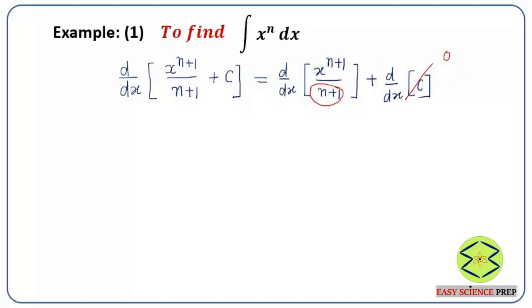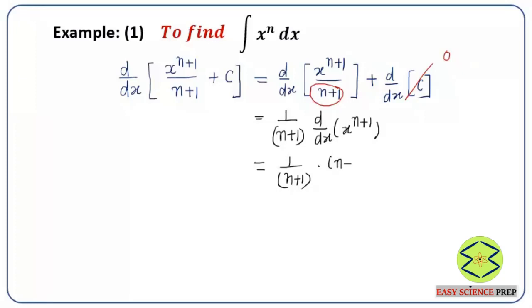So I can write this as 1 over n plus 1 and the derivative of x raised to n plus 1. Here the derivative of x raised to n plus 1 is nothing but n plus 1 times x raised to n plus 1 minus 1.